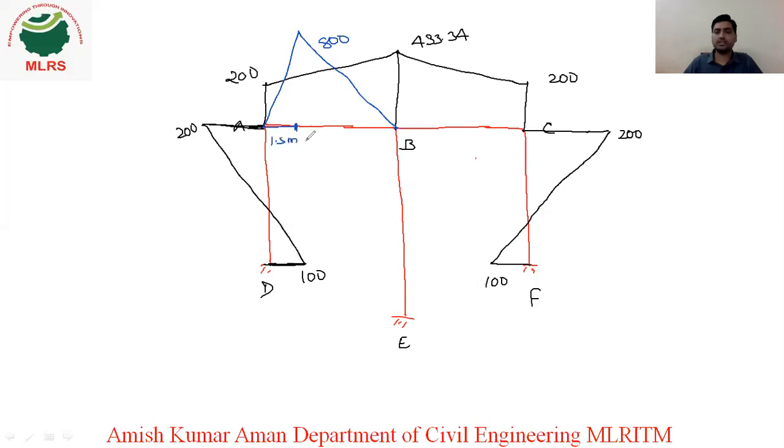Now for this again the same. This is 800, and from here to here it is 1.5 meter. So we need to see the tip also. 800 is the bending moment, but we will not draw like this. At the center, because where the load is acting, at that point it should be the tip.